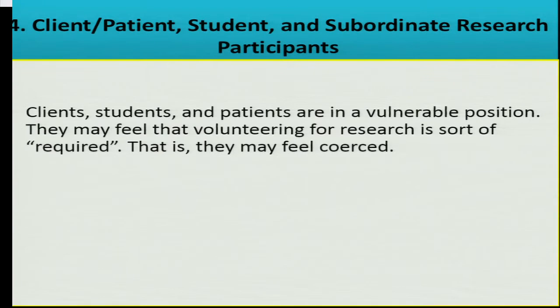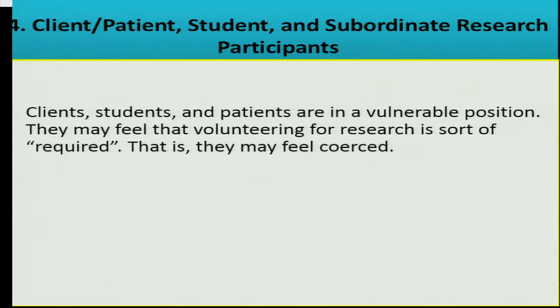And then the other issue that APA is so much concerned about has to do with client-patient relationship, student-subordinate research participants. If you are a student and a lecturer wants to do a research with the students, sometimes the students feel that if they don't take part in the study, the lecturer will victimize them.